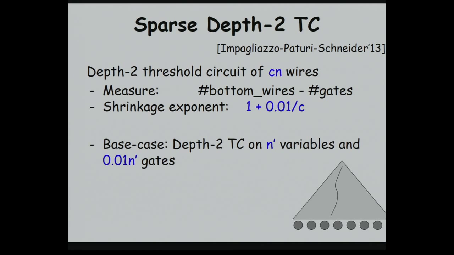And then the heart of this IPS approach was actually an algorithm solving this base case problem. In the IPS paper, it was proved in a different way, but using this shrinkage approach, we can give a simpler proof of their result.